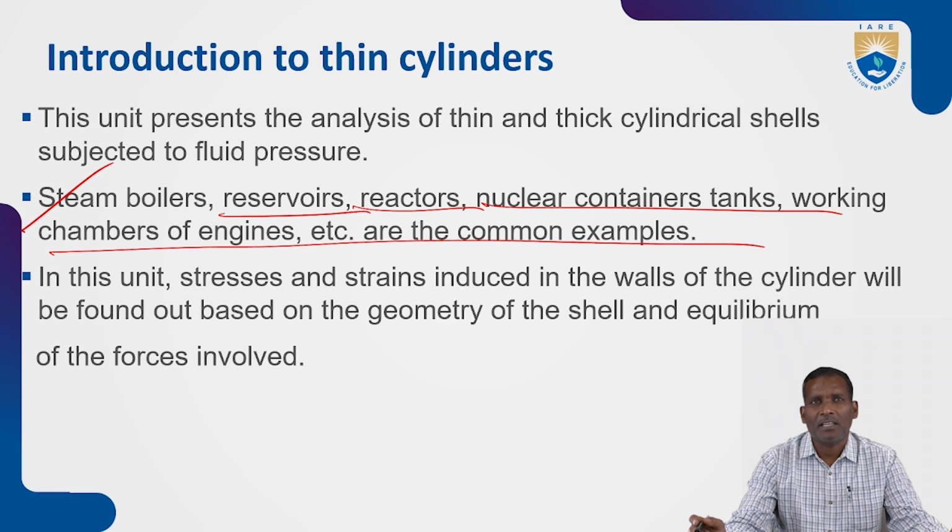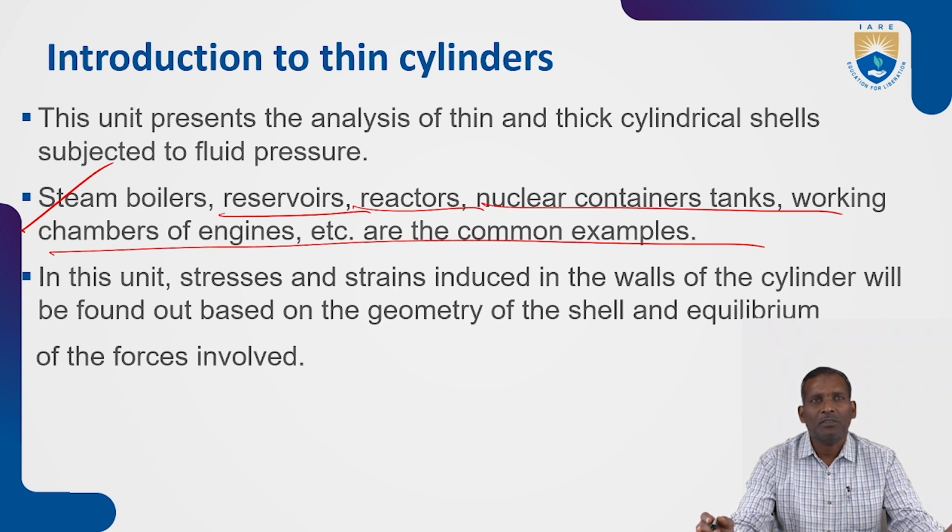Our engine cylinder, the cylinder placed inside the engine chamber, is also considered a thin cylinder. In this unit, stresses and strains induced in the walls of the cylinder will be found based on the geometry of the shell and equilibrium of the forces involved.